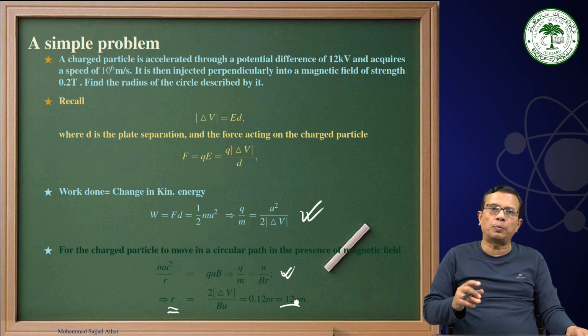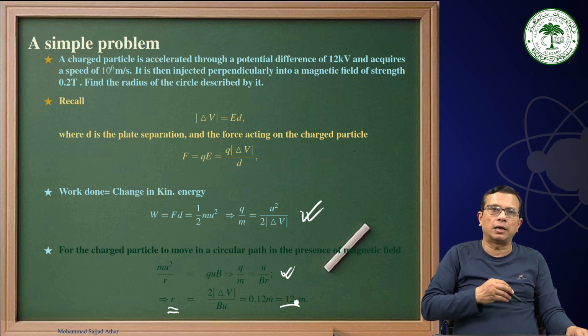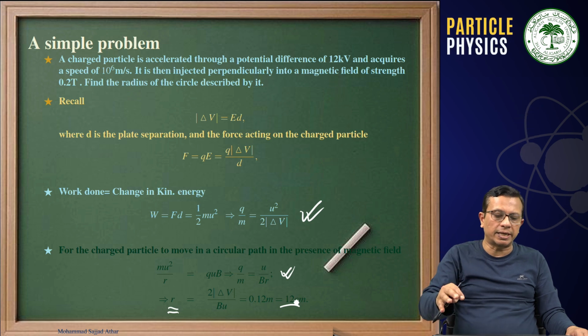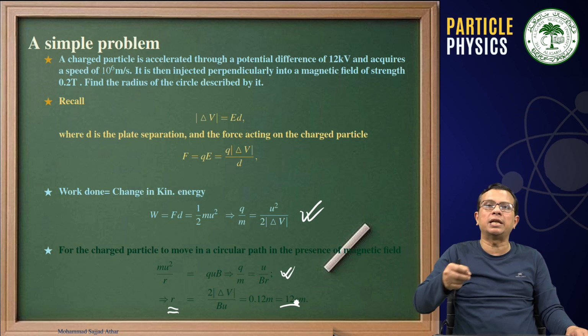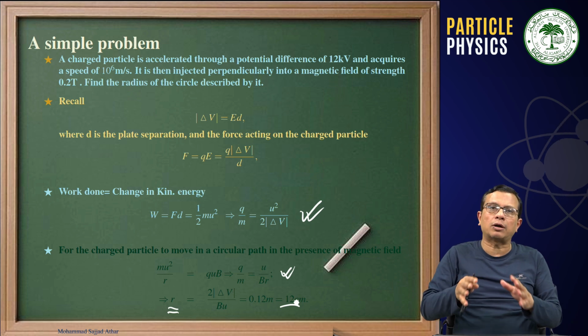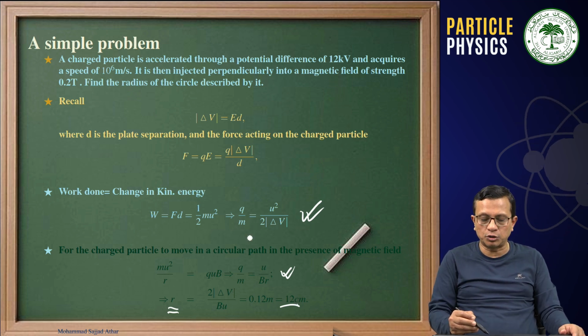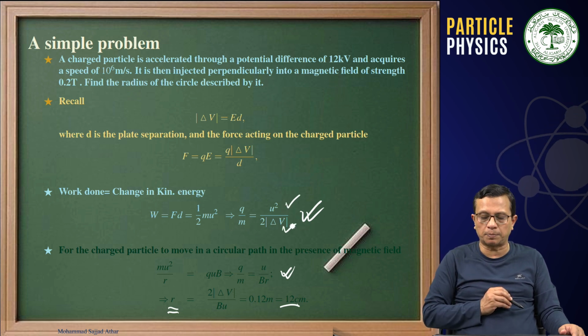Therefore, the important point is the radius of the path, the applied magnetic field, and the kinetic energy gained by the particle, and what potential it is passing through. These are all related. As you can see, Q by M, the charge to mass ratio, depends upon the speed of the particle and the potential difference through which it is passing.